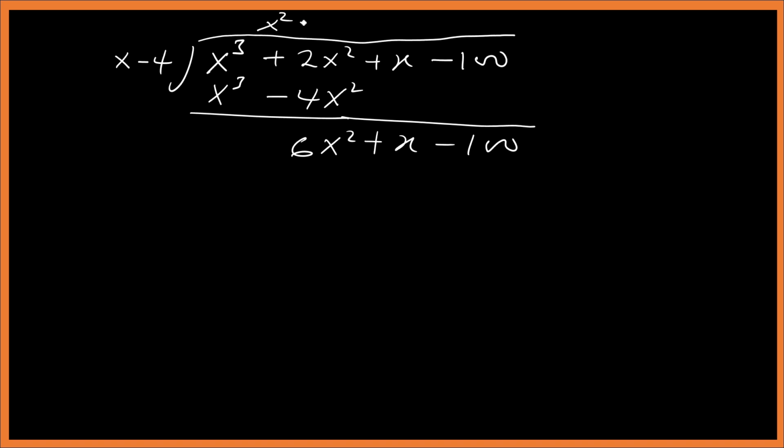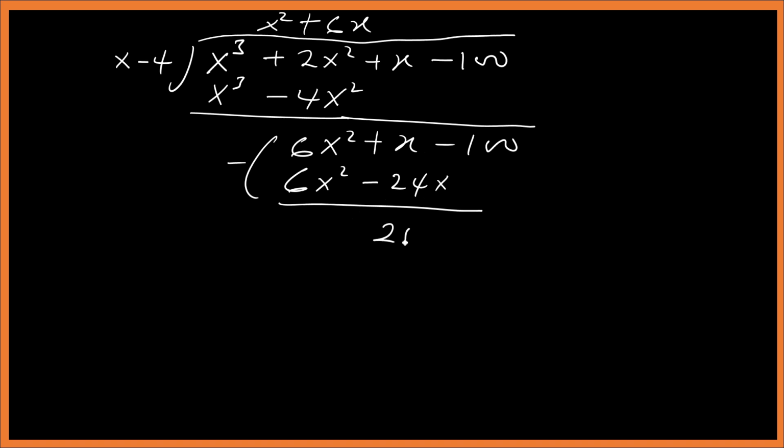x in this will be plus 6x. So we have 6x squared minus 6 times 4, 24x. So we have this minus that, that's 0. x minus minus plus, we have 25x minus 100. x in this is plus 25. 25x minus 100.